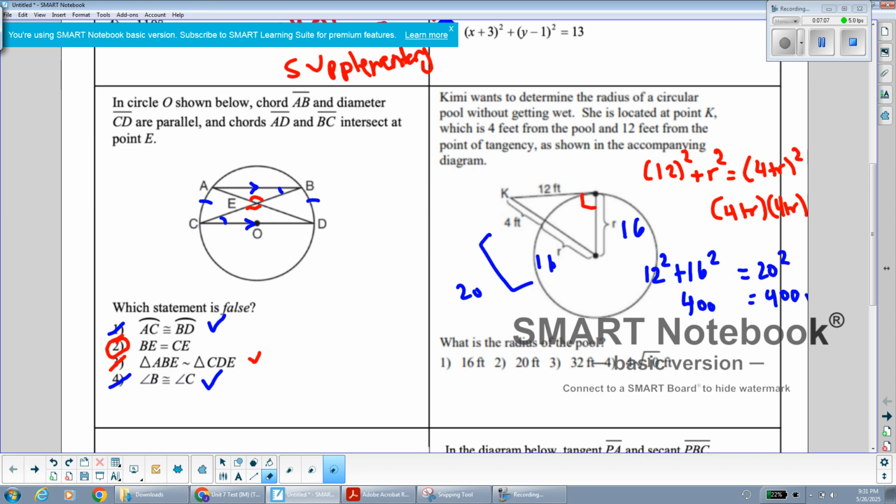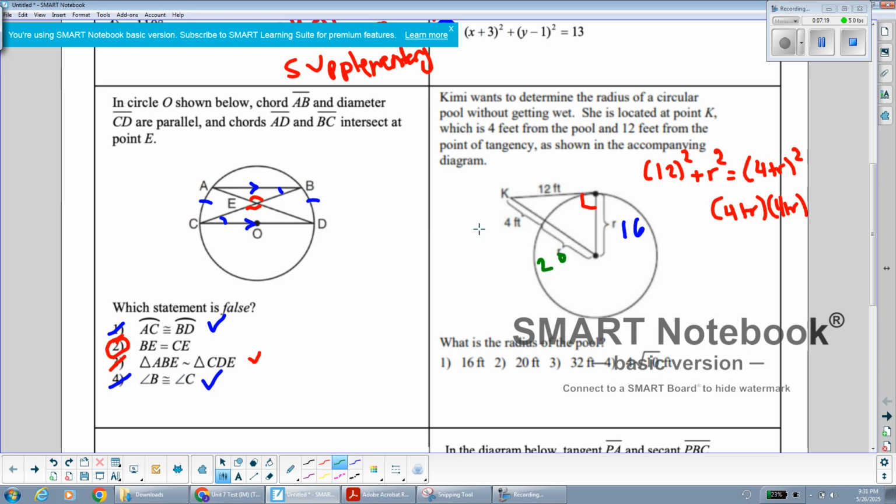I can try out the other answer choices real quick, just to double check. Let me try out 20. So if this is 20, then this would be 24, and this would be 20. Plugging into the Pythagorean theorem, we have 12 squared plus 20 squared equals 24 squared. 12 squared is 144. 20 squared is 400.